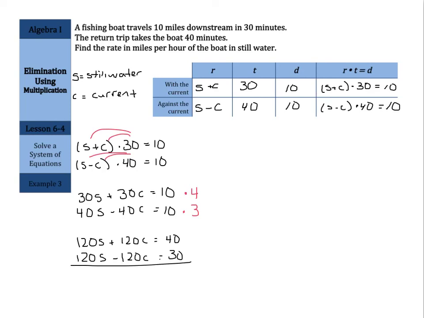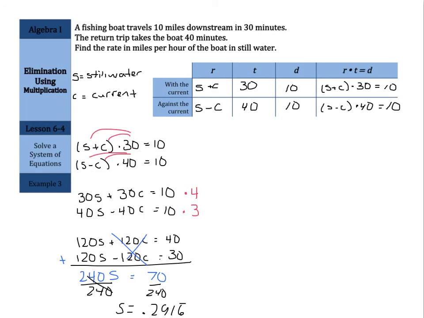Well, 120s plus 120s is 240s. The c's eliminate, the current eliminates, which is good, equals 70. And if I divide by 240 on both sides, I get this s to equal 0.2916 with that 6 repeating.